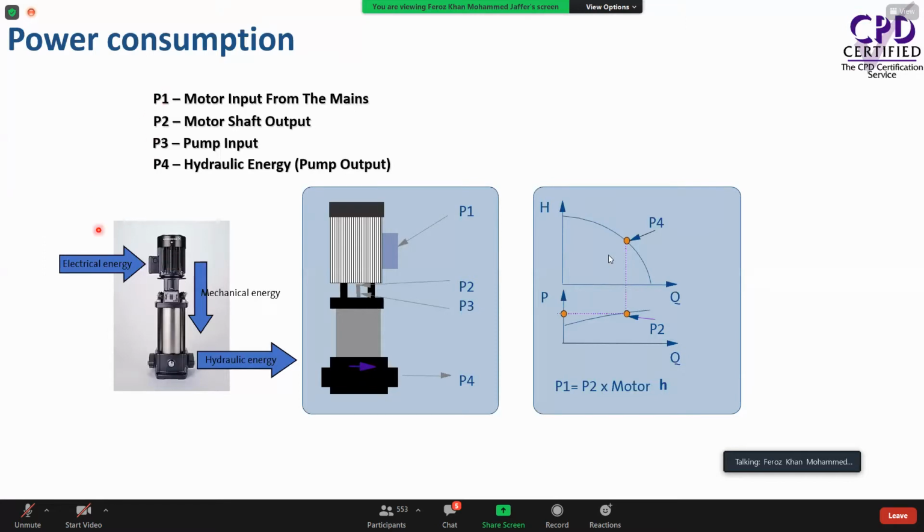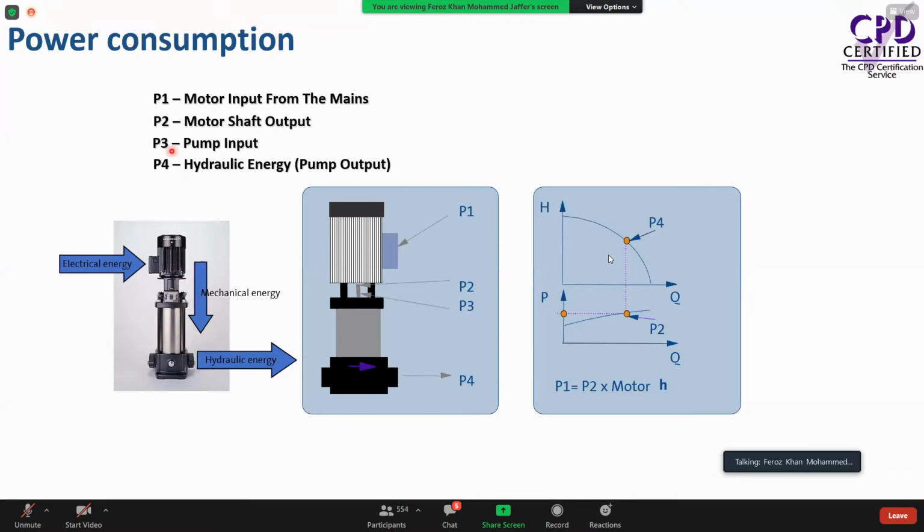So we give P1 to the motor. Then the motor converts energy, and we get P2 as the motor shaft power. What we get out of the motor is P2. Then we give that power to the pump.